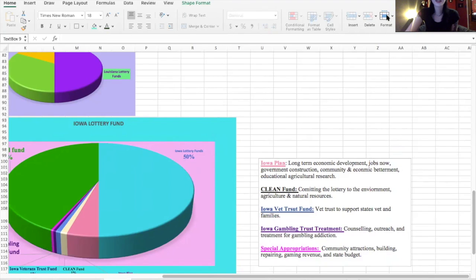The Clean Fund is committing the lottery to the environment, agricultural, and natural resources. The Iowa Vet Trust Fund, which I misspelled here. There we go. The trust fund is set up for the vets and anybody in the state vets' family, which is really admirable.